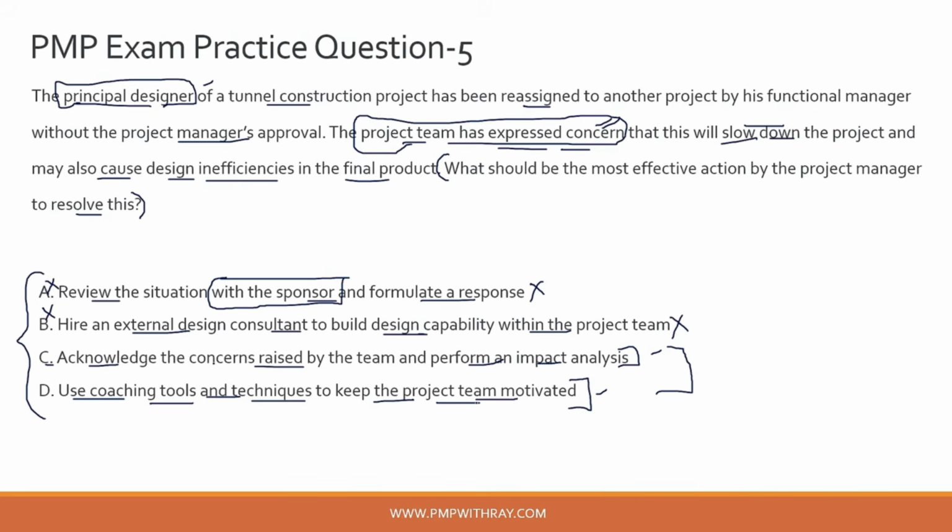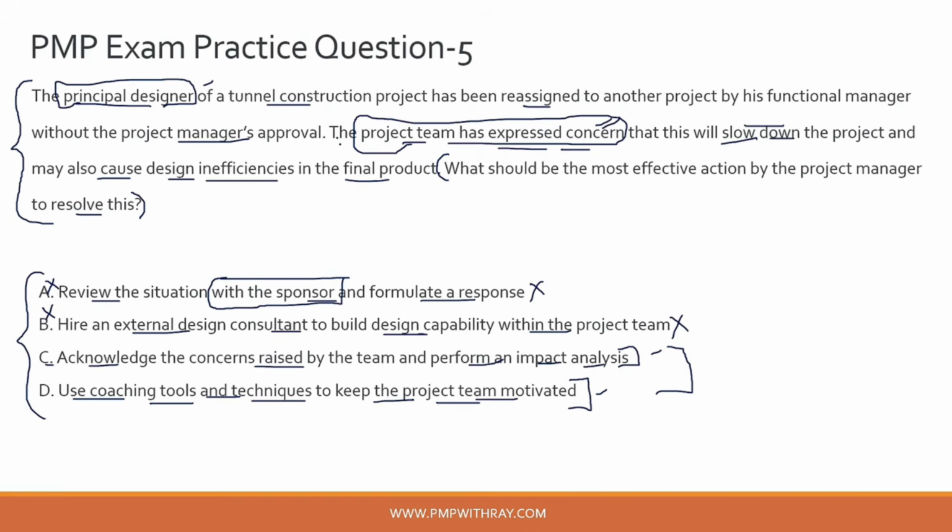Okay. Acknowledging the concerns and performing an impact analysis might have been a good idea if the primary problem you were trying to solve through this scenario is to understand whether this change will have an impact in your cost, in your scope, in your schedule, in your quality parameters, etc. But it is very crucial to note here, guys, that the scenario is not presenting you the problem of assessing the impact of a change.